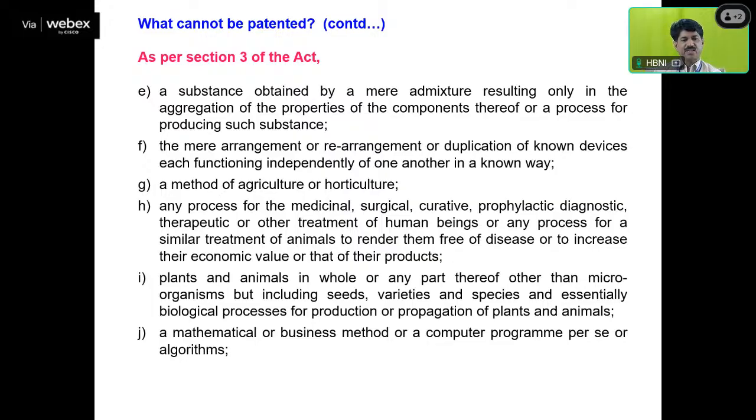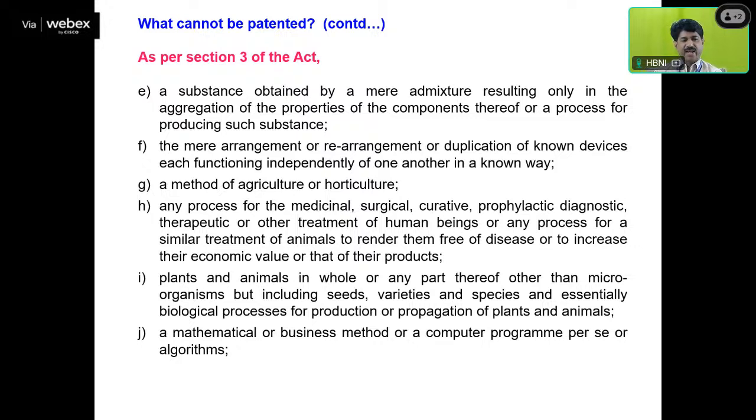Next is any process for medicinal, surgical, curative, prophylactic, diagnostic, therapeutic, etc., or any process for a similar treatment of animals to render them free of disease or increase their economic value or that of their products, will not be given a patent.